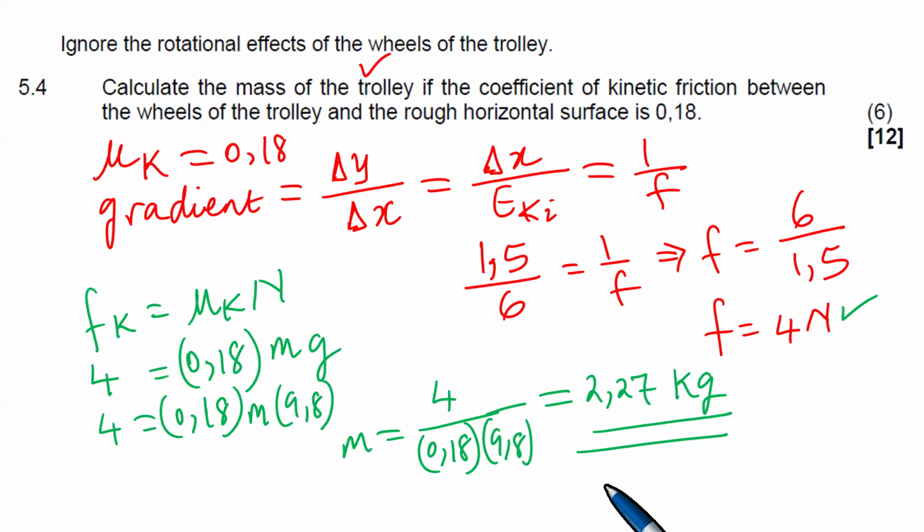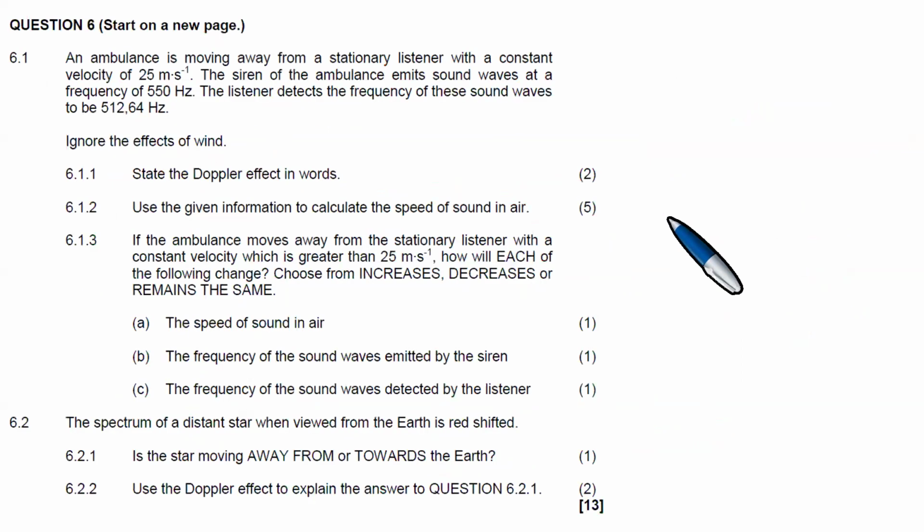Okay. So now to calculate the mass of the trolley, if the coefficient of kinetic friction between the wheels of the trolley and the rough horizontal surface is 0.18, that is what we have here. So we've calculated the mass of the trolley here. We found the mass of the trolley.